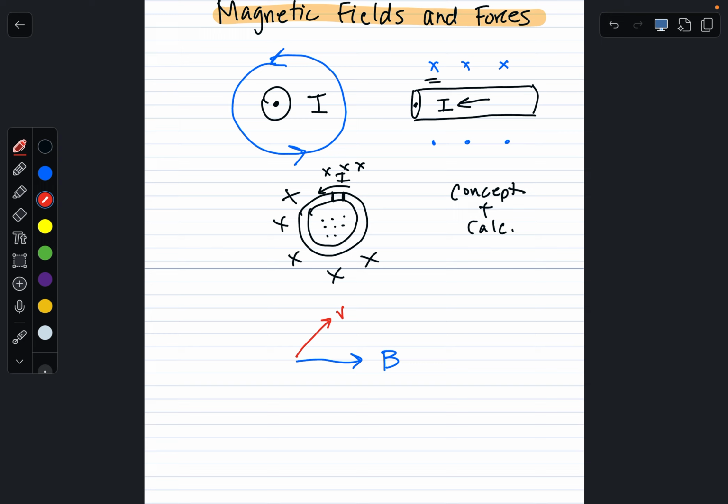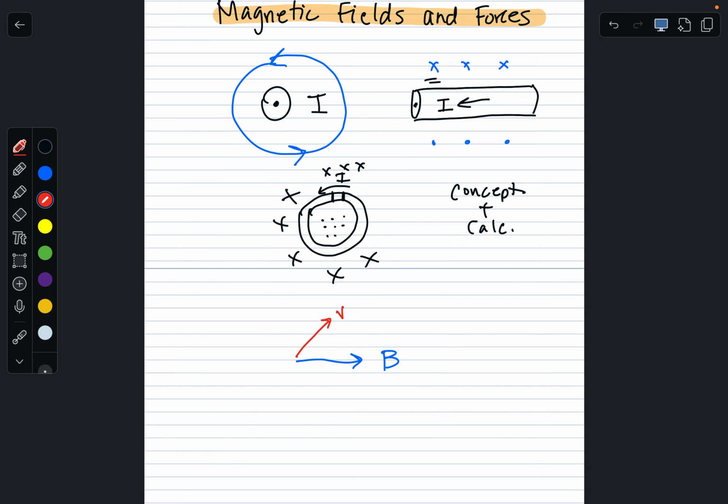You just want to make sure it really doesn't matter which fingers you use for which, as long as they go in the following order: V, B, F, V, B, F, V. So you can start V with your pointer, B with your middle, F with your thumb. It has to go in a certain order. Let's stick with the textbook.